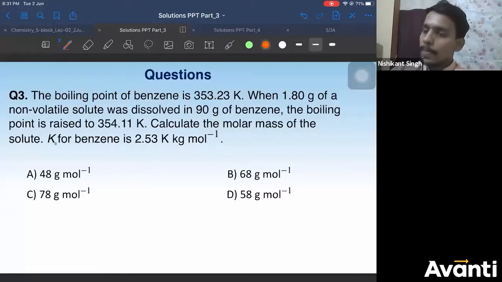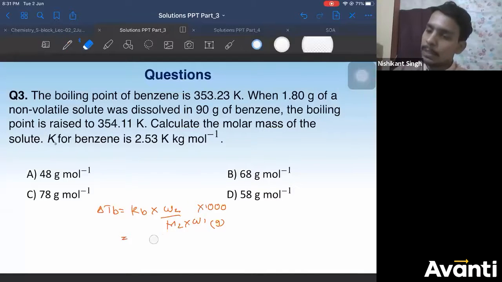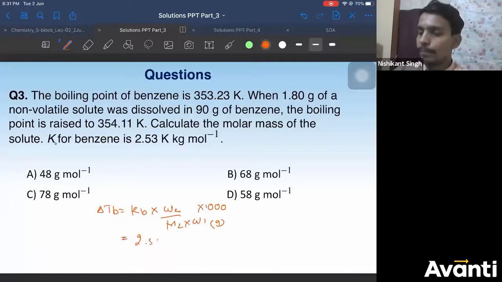So what we have here is delta TB equals KB into the same formula, W2 by M2 into W1 into 1000. Since weight is given in gram, KB for benzene is given as 2.53. W2 is given to be 1.8 gram. The molar mass of the solute is what you have to find.